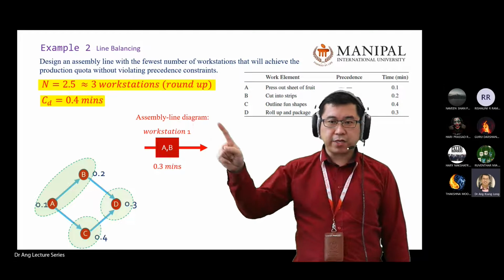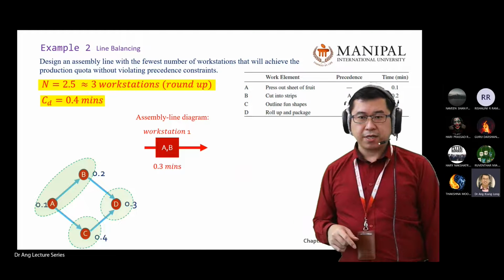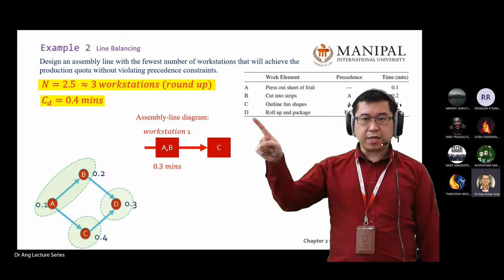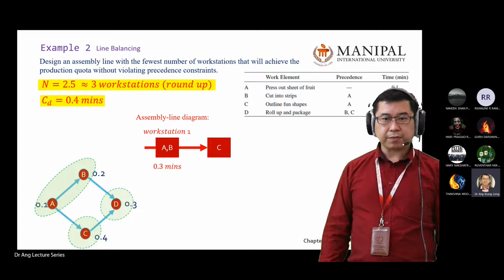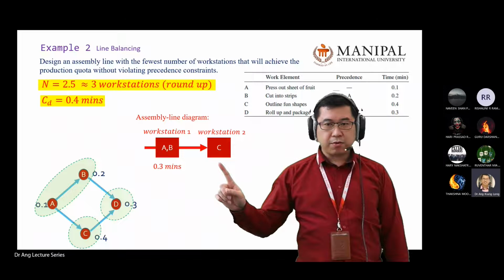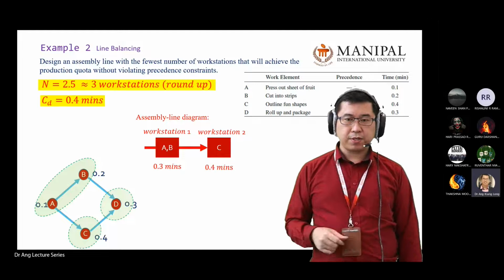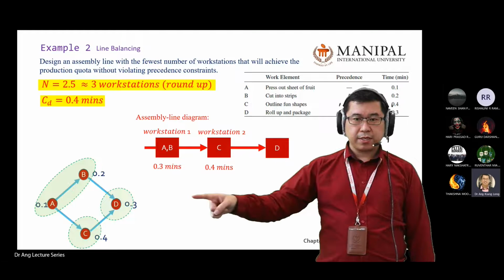The QC will always reject your product because it doesn't meet the specification. So you put C here instead of D, because D needs process C. So C, workstation number 2, the time is 0.4. Then you go to the last station, D, 0.3.